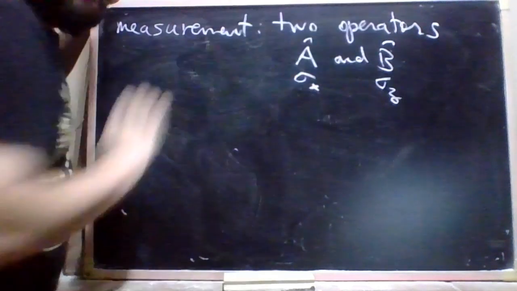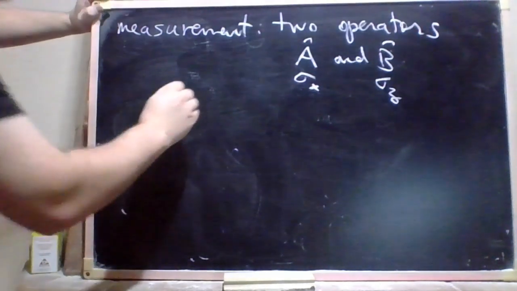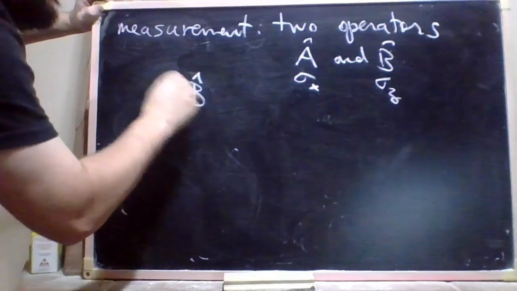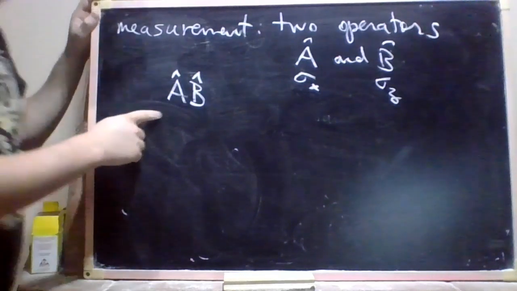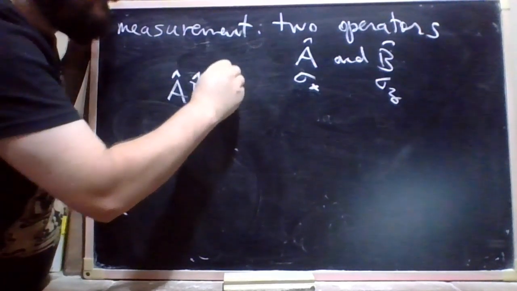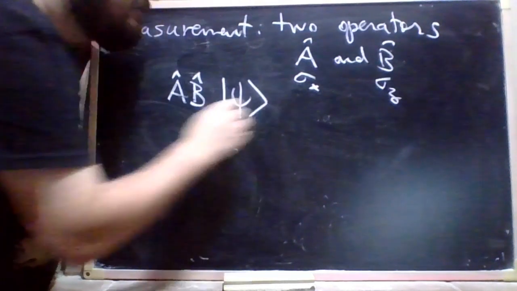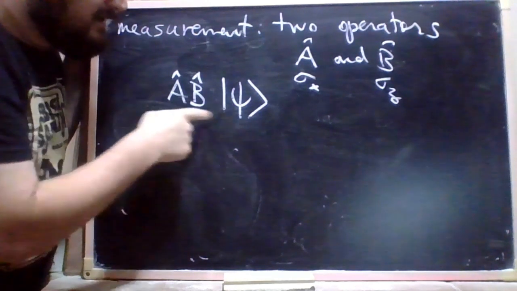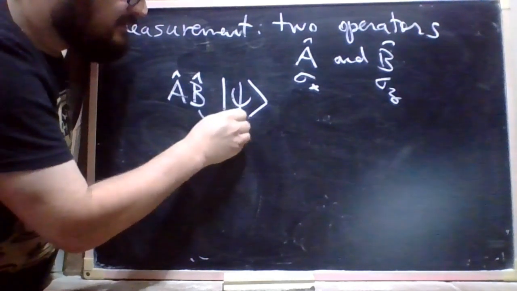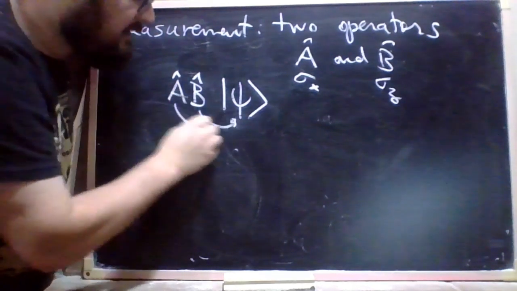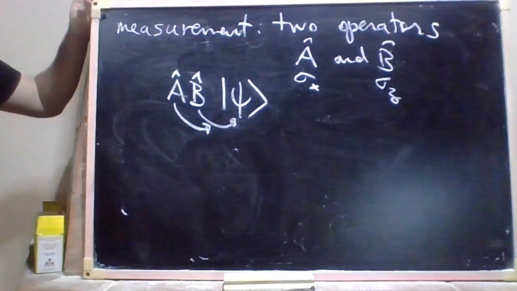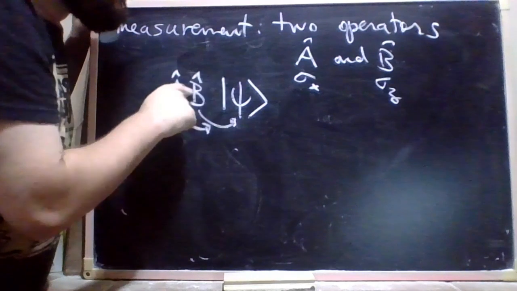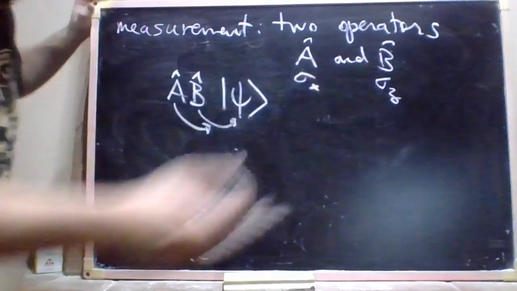If you choose two operators and you measure first the operator B and then the operator A, you are performing an operation on the physical state of the system, right? And you read it this way. First, B acts on the physical state, and then A acts on the physical state. This is the physical state of your system. And these are the operations in a measurement, for instance.